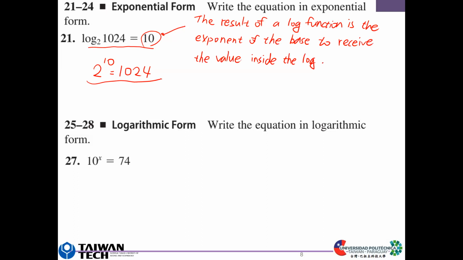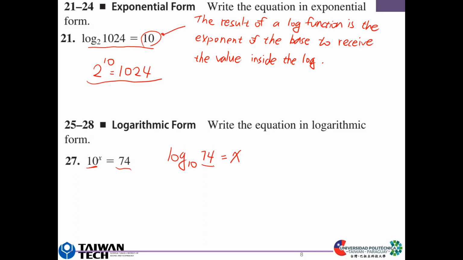Okay, and now write the equation in logarithmic form. The base is 10, so we have log base 10, and because the output should be the exponent, we raise 10 to this value.